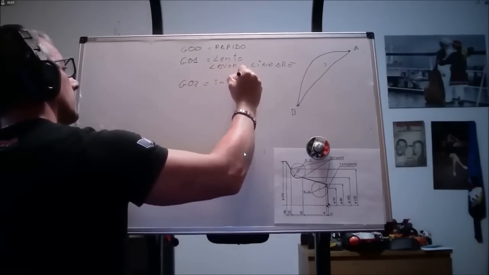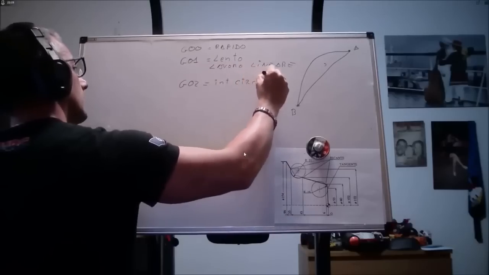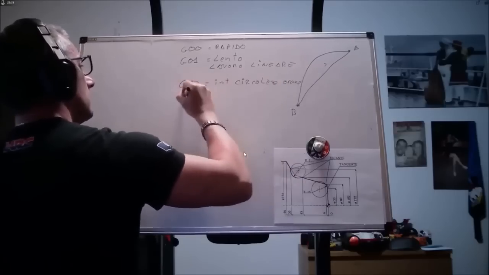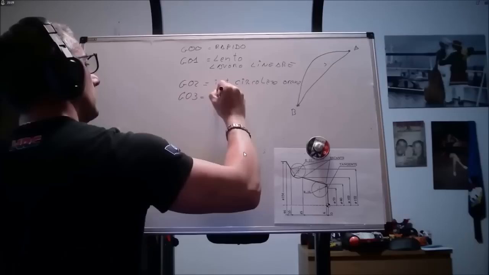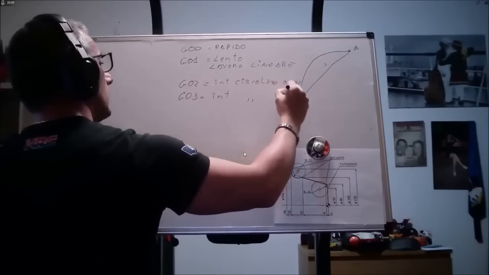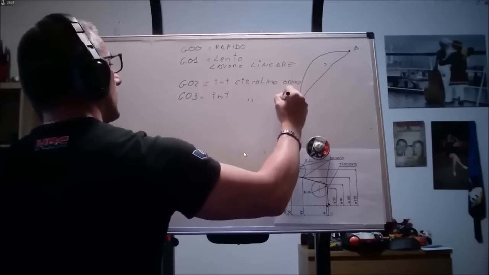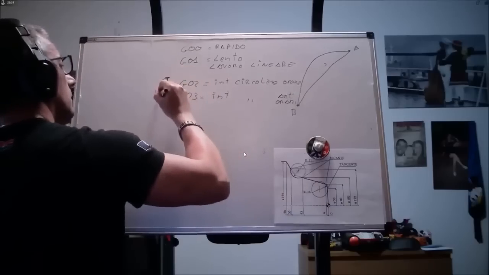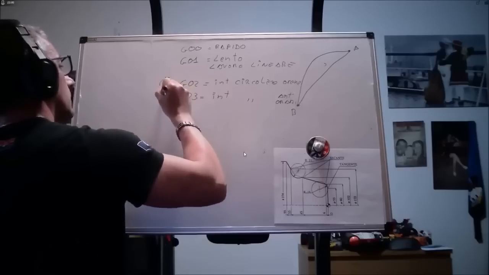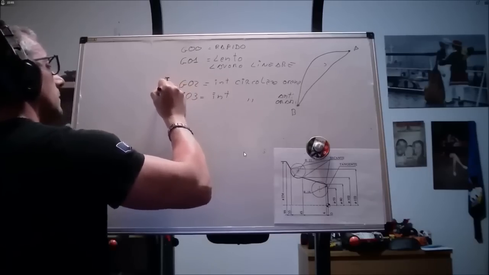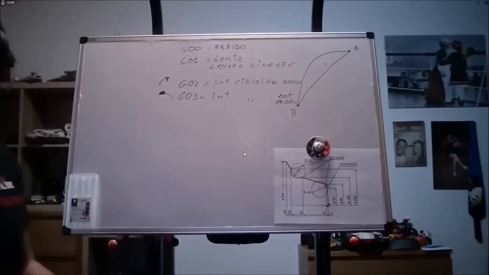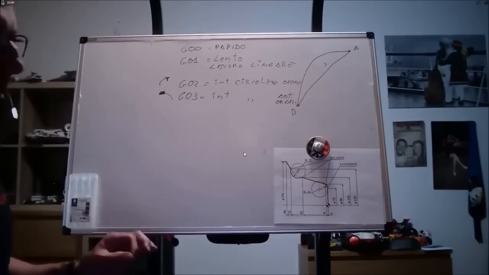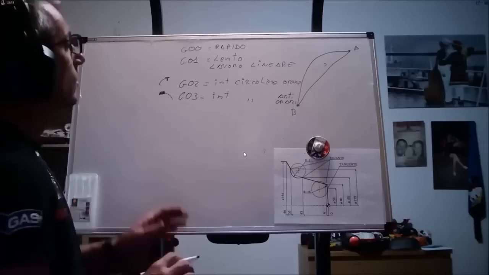G03 is circular interpolation counterclockwise. So, arrow and arrow. I draw like a dog, but it conveys the idea well.